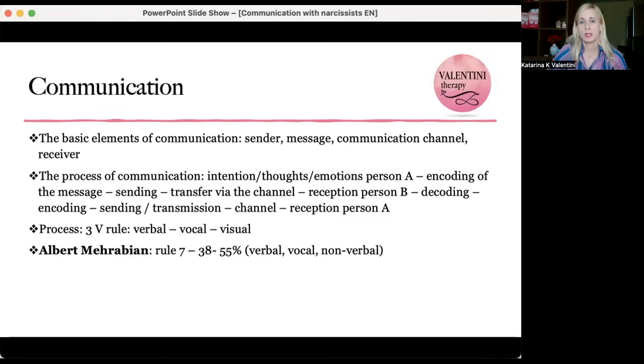It is true that in communication with narcissists, you have to carefully select words that are clear, that do not leave much room for interpretation, because even if you say something in a very kind manner and without any malicious intent, the narcissist can interpret that in his completely own way and distort your message.